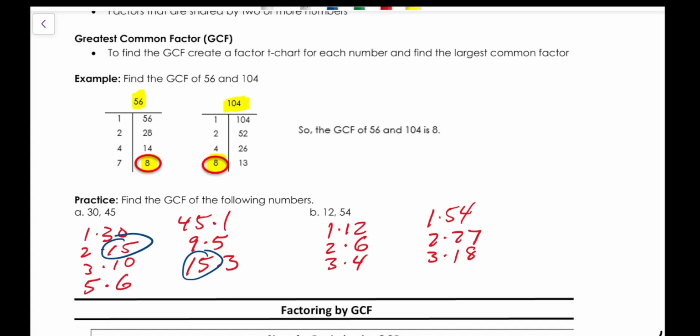No. 5? No. 6 times 9, 54. Okay, biggest number that was in both lists. Well, looks like 6. So there you go. That's how you find a GCF.